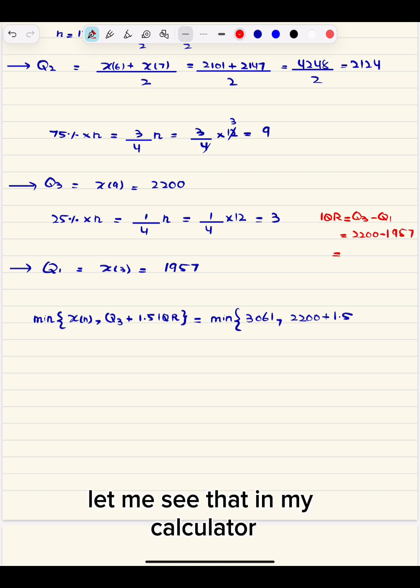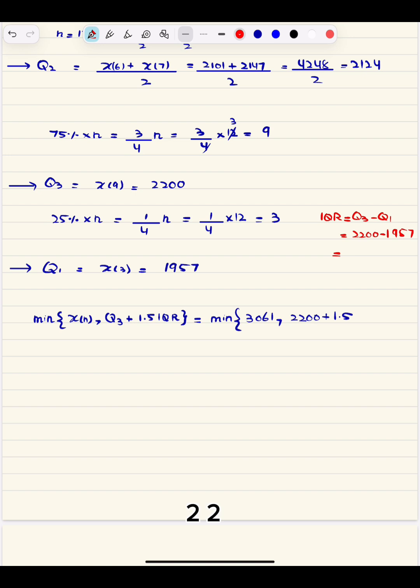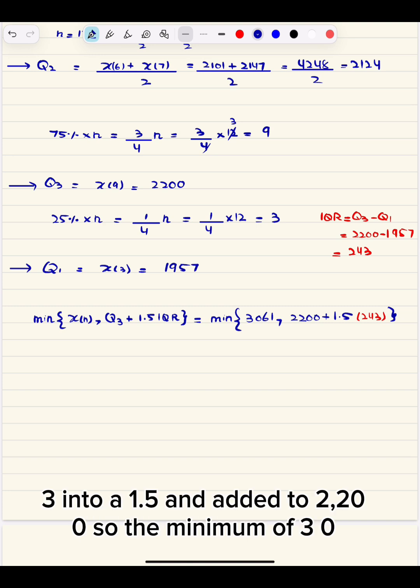Let me check that in my calculator. That is 243. So I need to multiply 243 by 1.5 and add it to 2200.